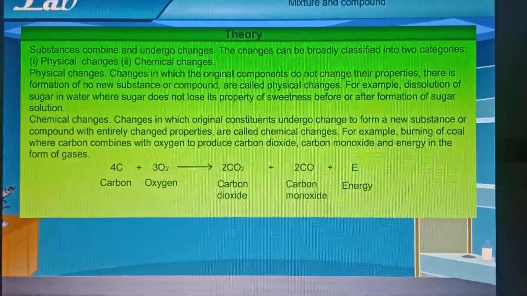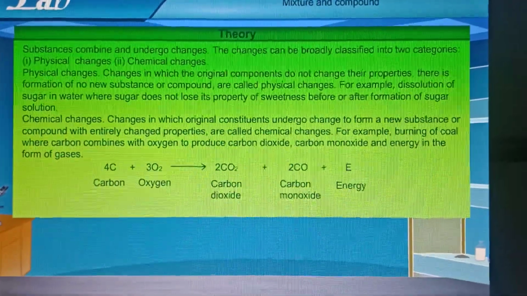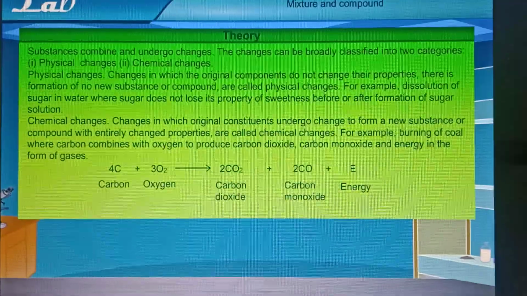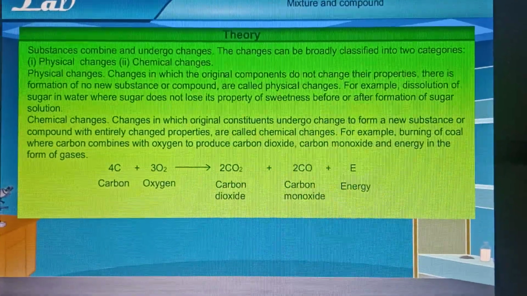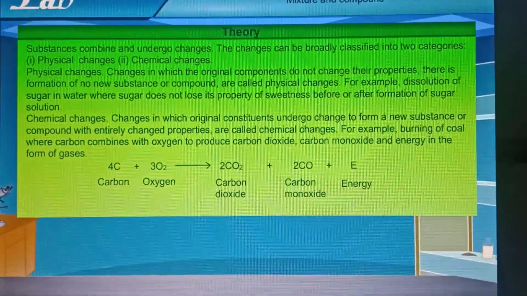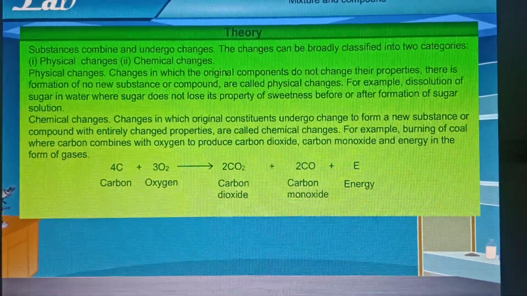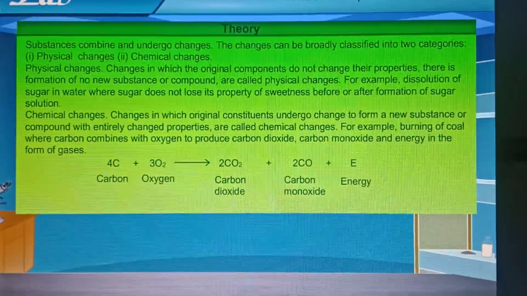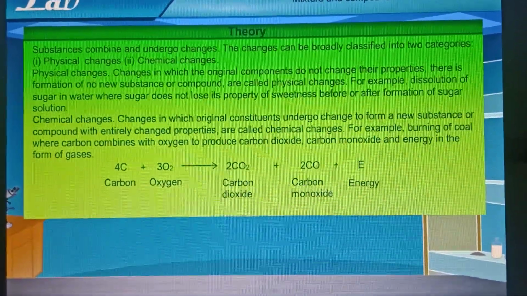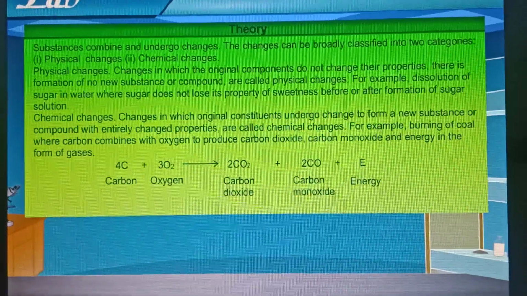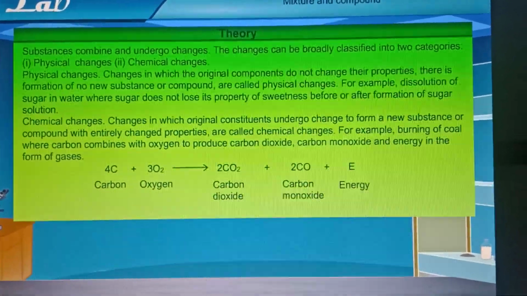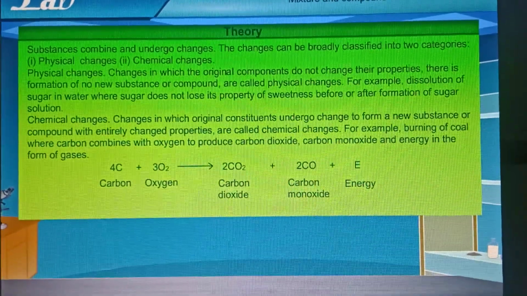For example, burning of coal where carbon combines with oxygen to produce carbon dioxide, carbon monoxide and energy in the form of gases. 4C plus 3O2 gives 2CO2 plus 2CO plus E. Carbon plus oxygen gives carbon dioxide plus carbon monoxide plus energy.